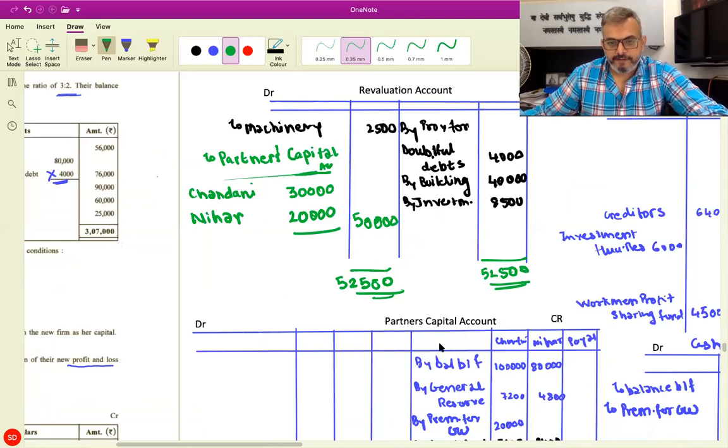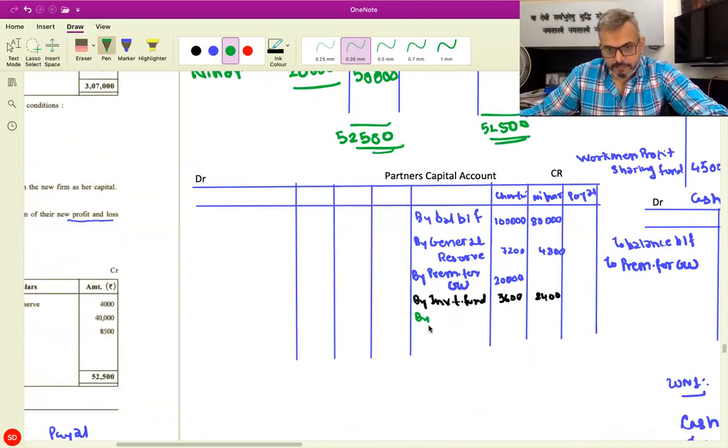Give the second effects by revaluation account. 30,000, 20,000.